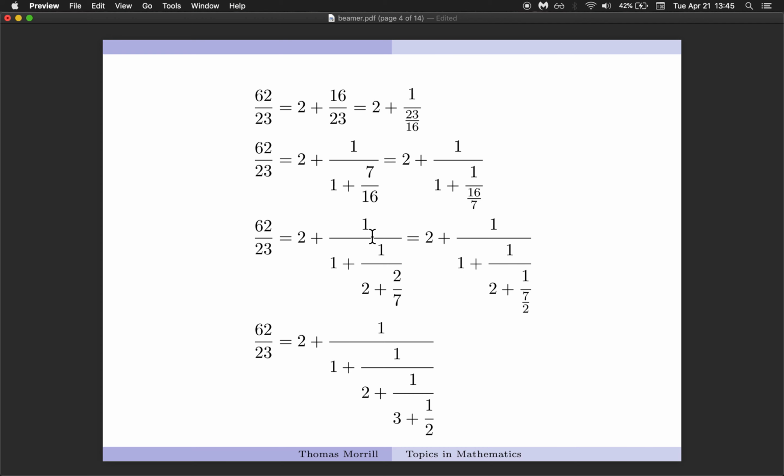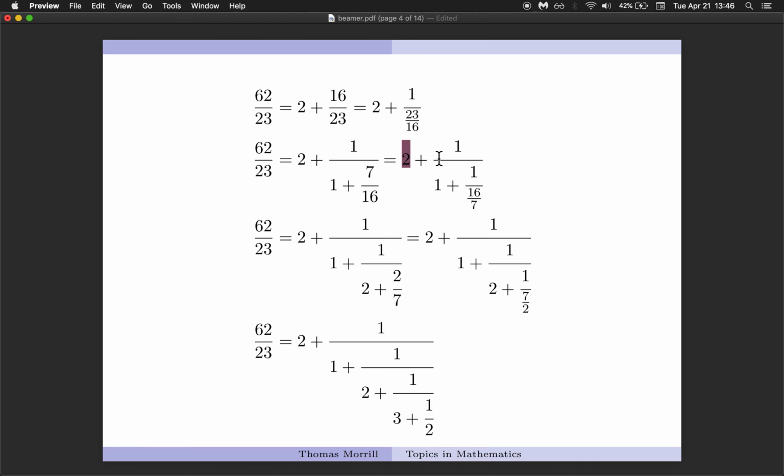This gets me closer to what I think a continued fraction should look like. I have a 2 plus a numerator 1 and an integer, and then plus another fraction, numerator 7. But I'm supposed to have a numerator of 1 every single time. 7 on 16 is a fraction less than 1, so I'm going to do the exact same trick, right?